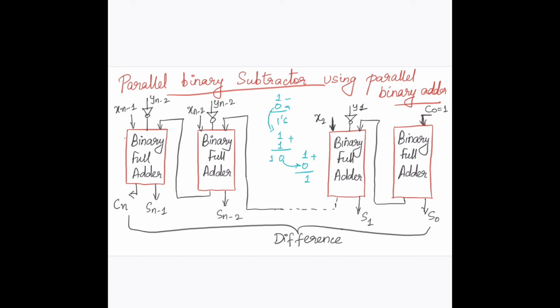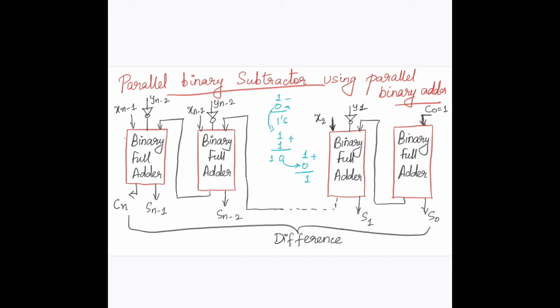In the same way, a binary full adder can be used to implement a parallel binary subtractor. First, we have to implement the 1's complement. The 1's complement can be implemented by passing the subtrahend through an inverter, that is, through a NOT gate.